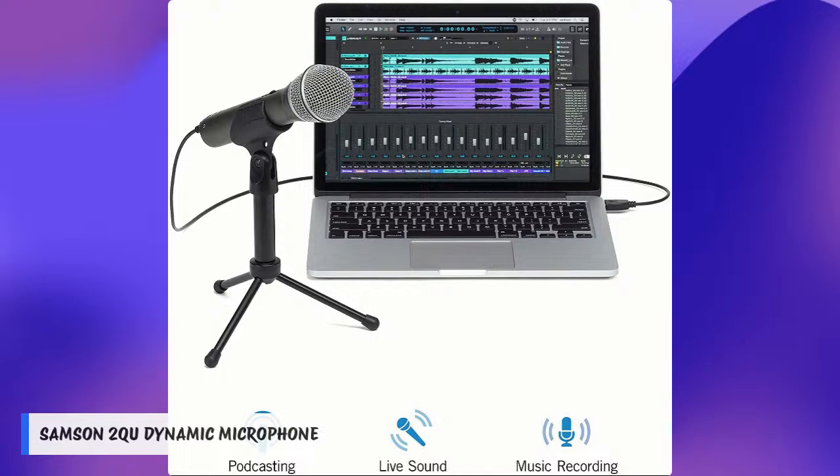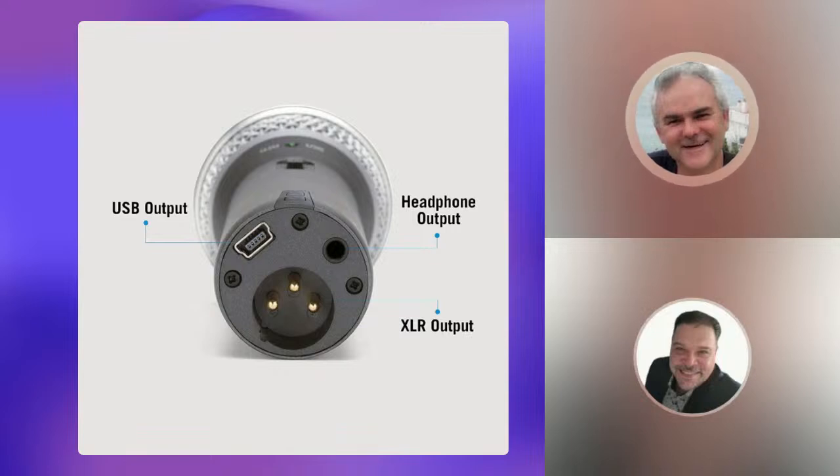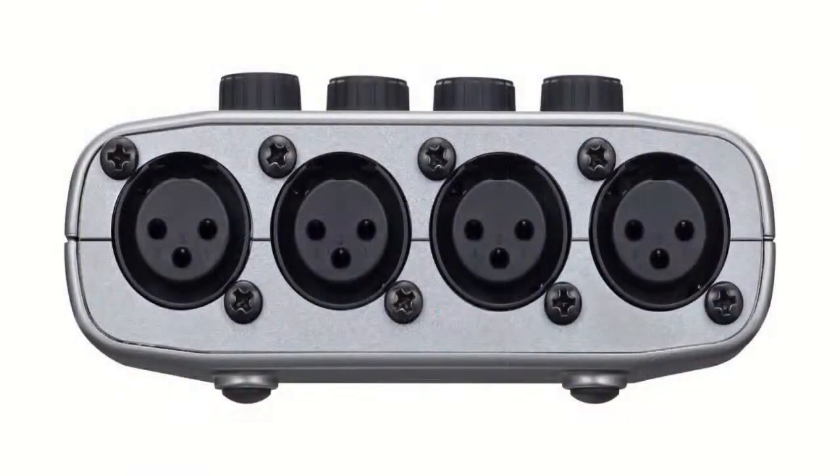And the magical advantage of this mic, because it's based on another very famous mic I'll talk about in a minute, is that you can use it both on your computer with a USB cable, just plugged straight into your USB port, or you can use it on your phone because it plugs straight into a USB-C port, or you can use it on a mixer, right?